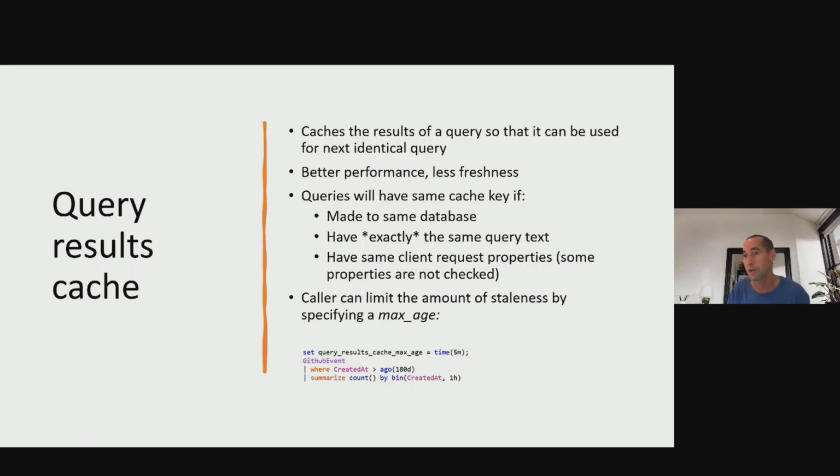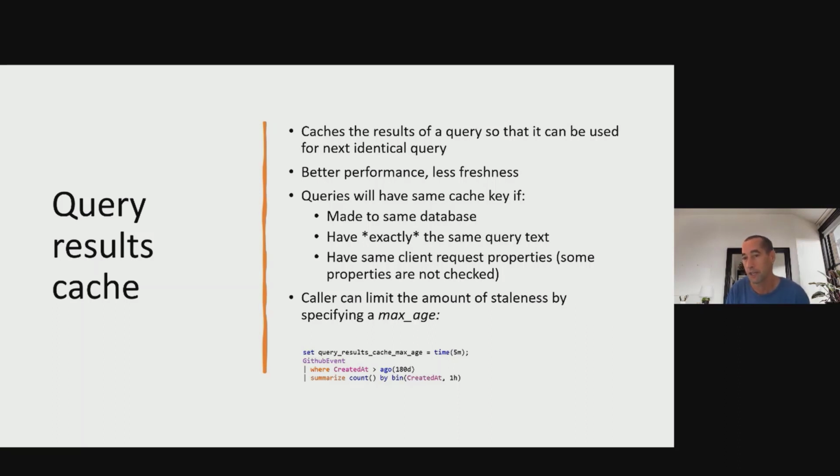And what is the logic behind it? First of all, the cache itself is based on identical strings. So if you even type one more space in your query, that will be considered a different query, and as a result, it will not look in the cache for it. So the key is actually the query string.